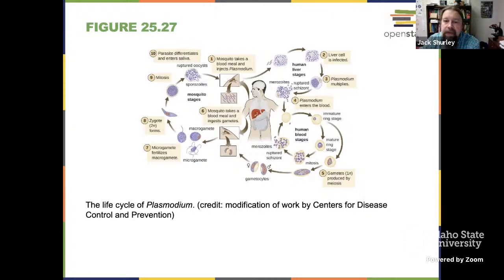The schizont has within it replicated cells, more merozoites, and those merozoites fill up this red cell, causing it to rupture. The merozoites are released out into the circulation to go on and infect more red cells. All right, that's the cycle of malaria in the blood, and it's at this point that we see the ruptured cells and the release of the merozoites.